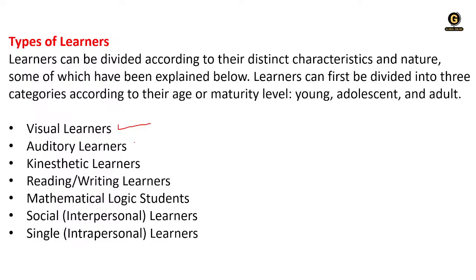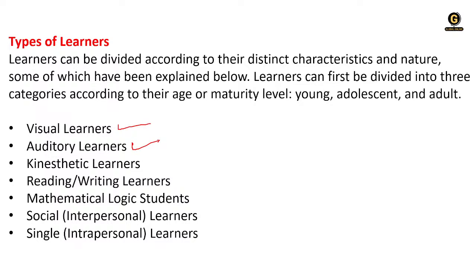Then auditory learners, who are more engaged and more interested in audio learning. They actively participate in listening to lectures and audios of the sessions. They are not more interested in visualization or visual learning.